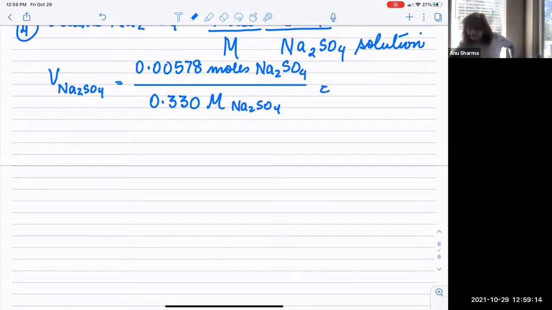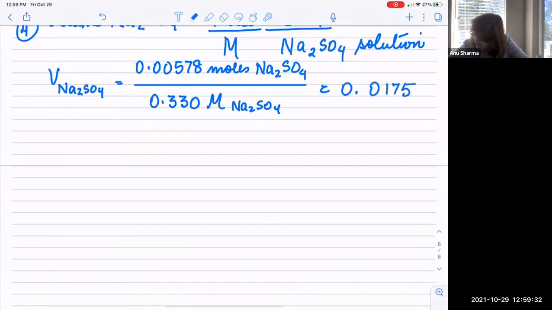So let's see what you get. 0.00578 divided by 0.330, and you get 0.0175 liters. Remember that because you used molarity, the answer is going to be in liters.